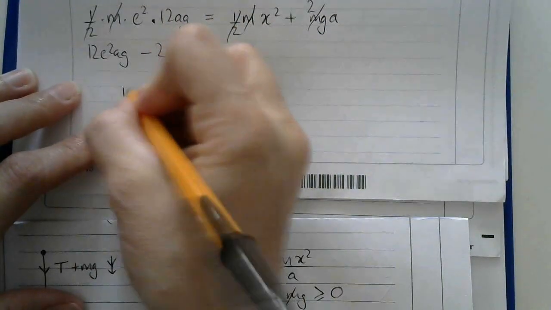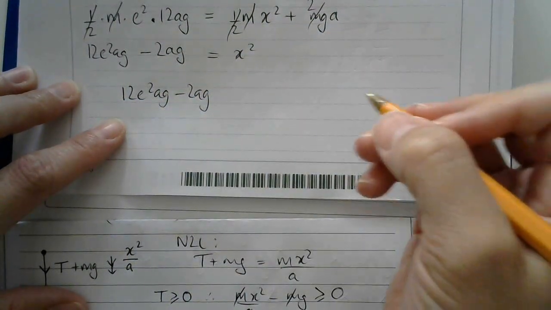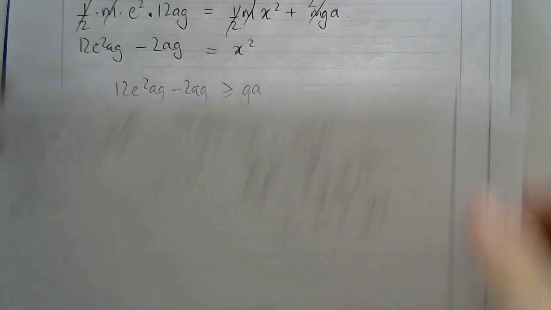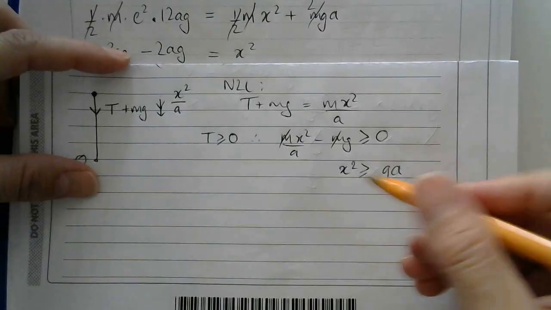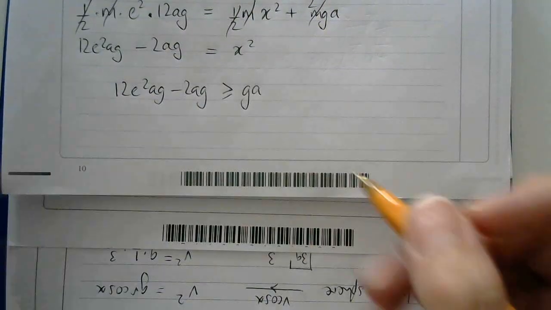So I end up with 12e squared ag minus 2ag bigger than or equal to ga, using that expression which came from assuming that the tension at the top is bigger than or equal to 0.